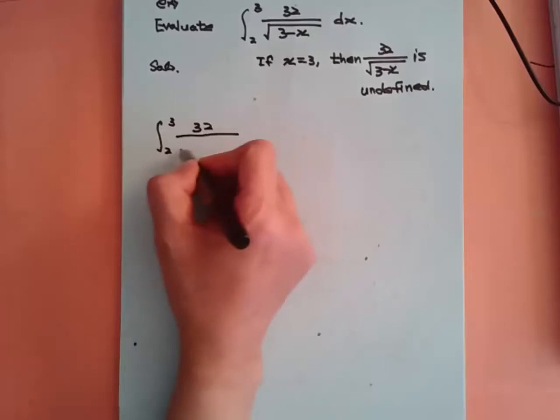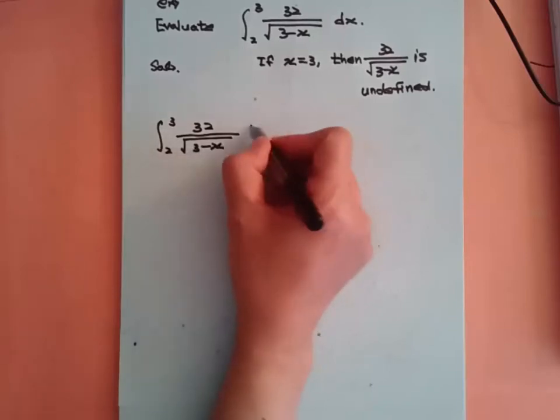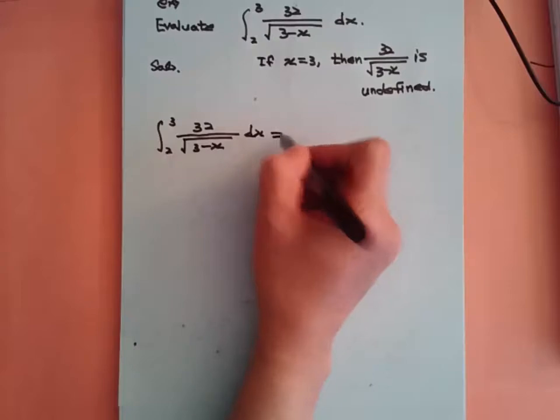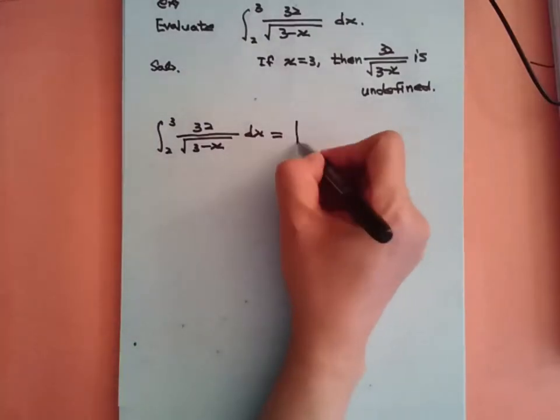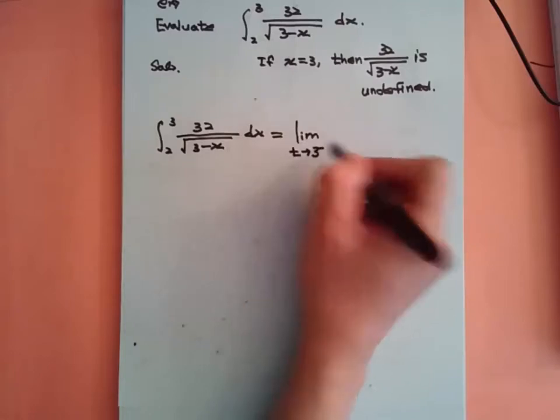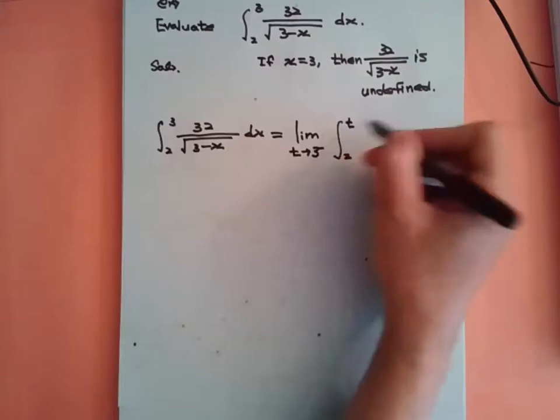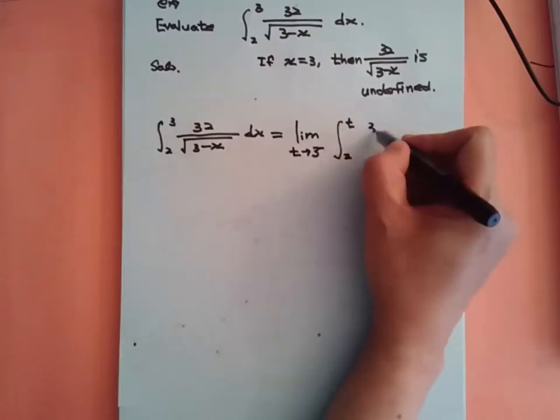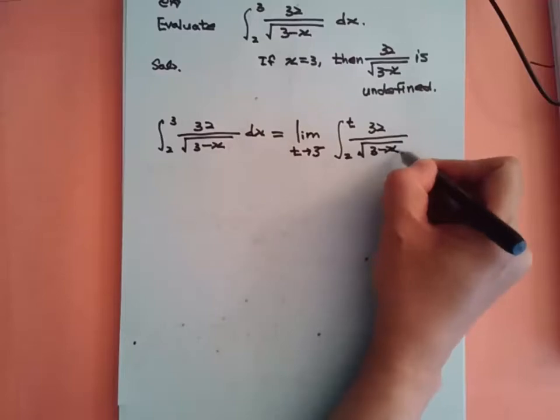The integral of 32 over square root of 3 minus x dx equals integration from 2 to t of 32 over square root of 3 minus x dx.